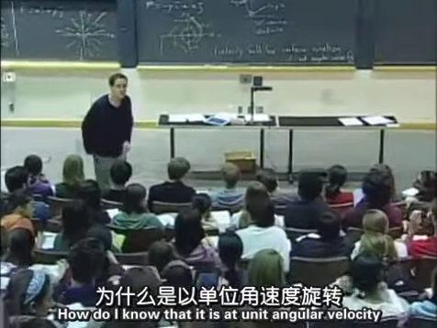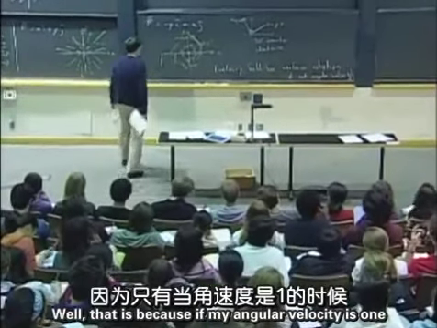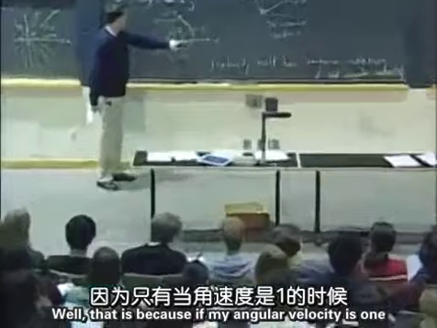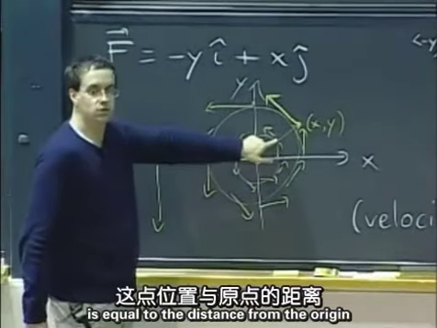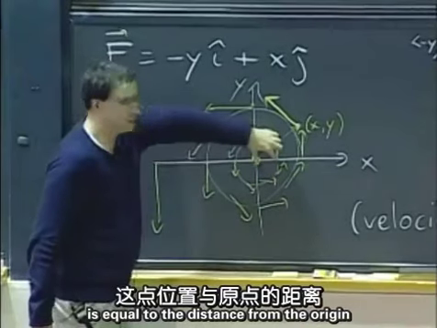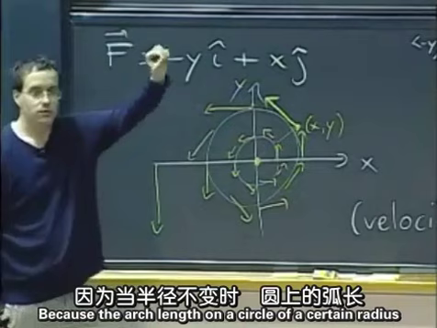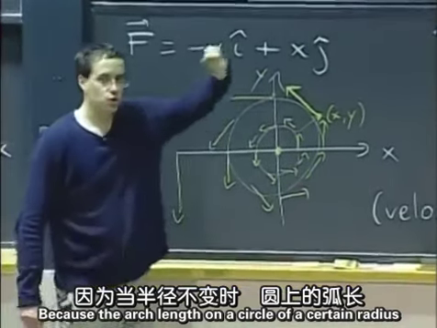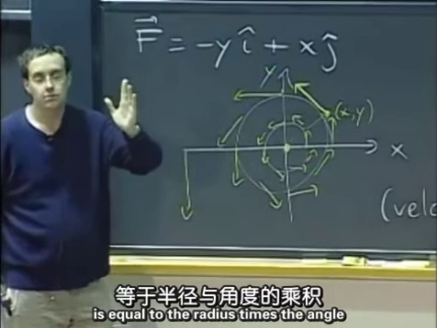How do I know that it's at unit angular velocity? Well, if my angular velocity is 1, then the actual speed is equal to the distance from the origin, right? Because the arc length on a circle of a certain radius is equal to the radius times the angle.